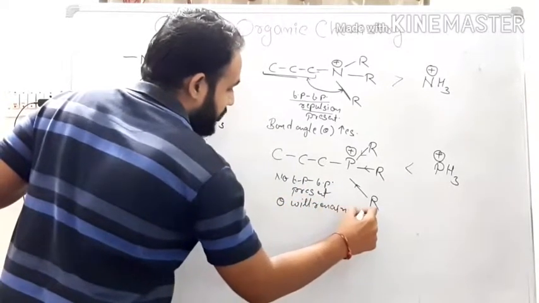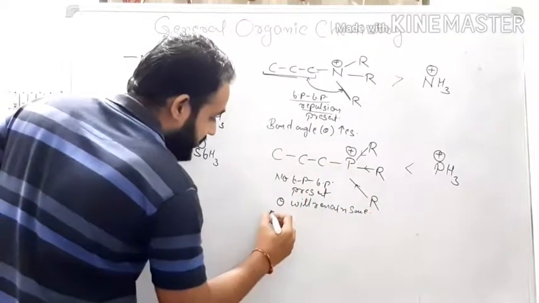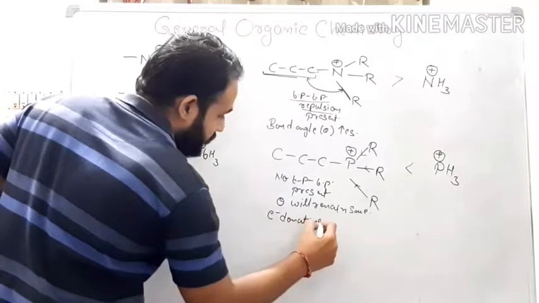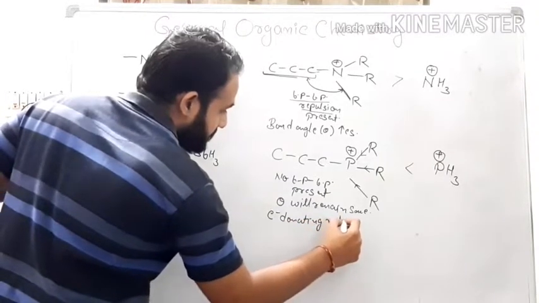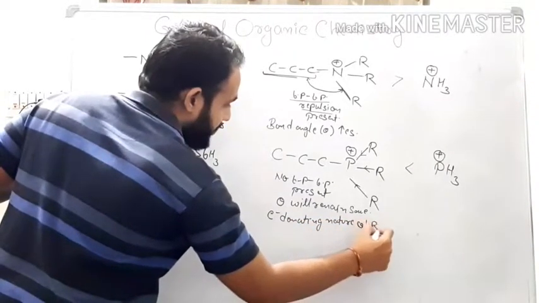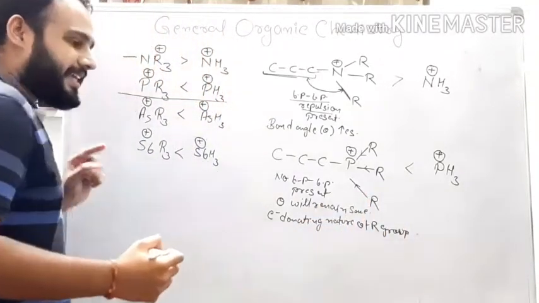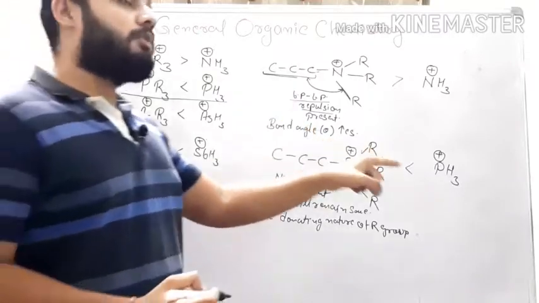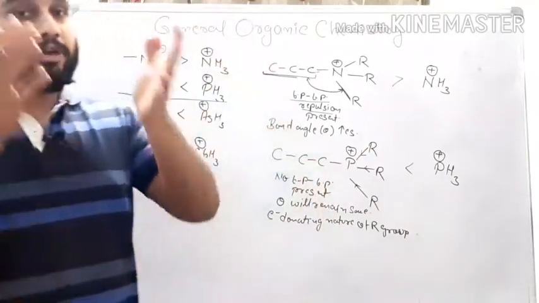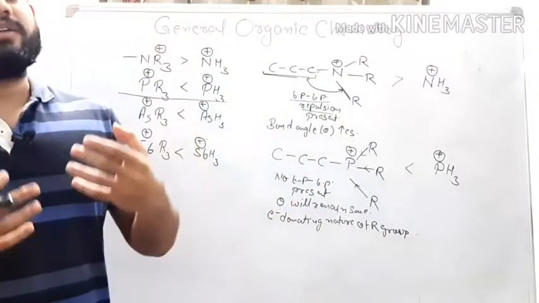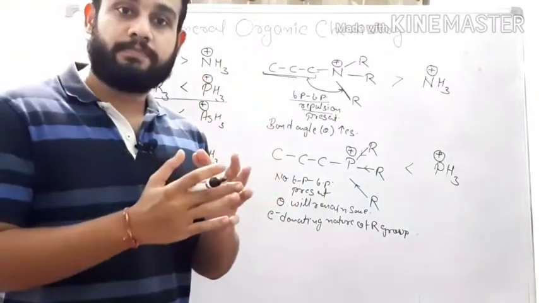But here the dominant factor is the electron donating nature of the R group, and because of this, the electropositivity on the phosphorus atom will decrease, and because of this phenomenon its minus I effect tendency will also decrease.